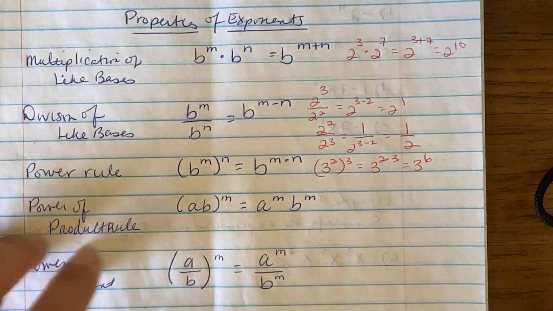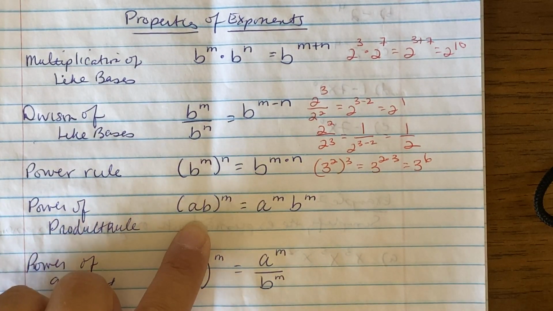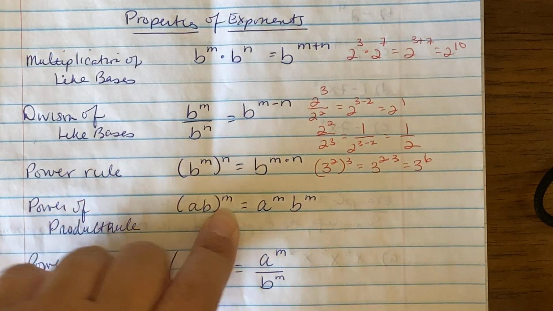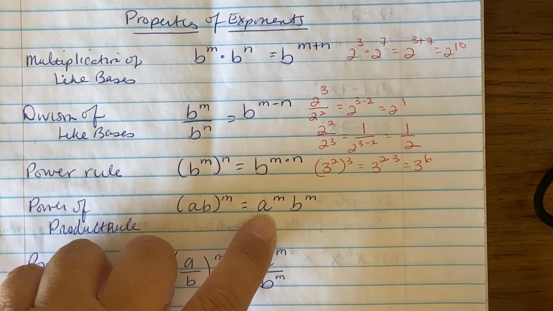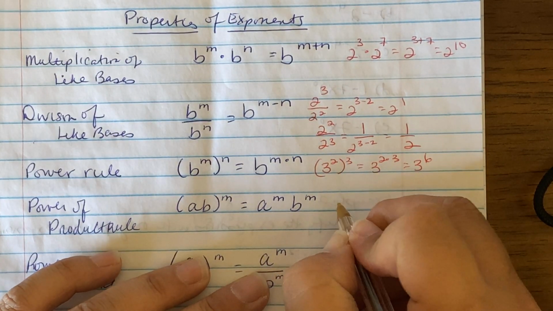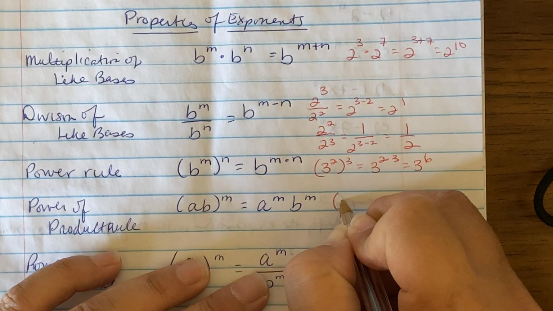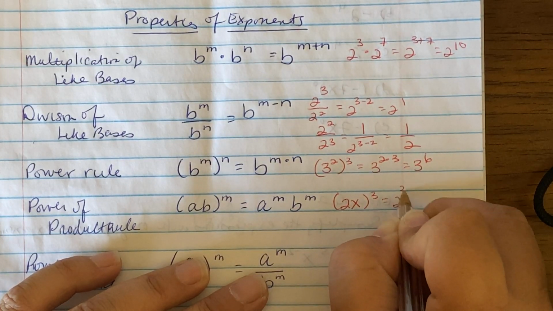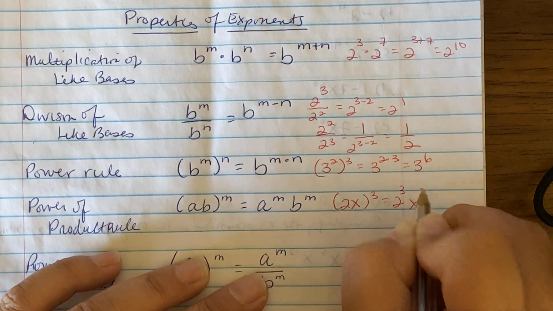Power of a product says a product inside parentheses raised to a power m, m being any exponent, you split it. So each individual part is raised to that power. So if we had 2x to the third power, it's 2 to the third, x to the third.